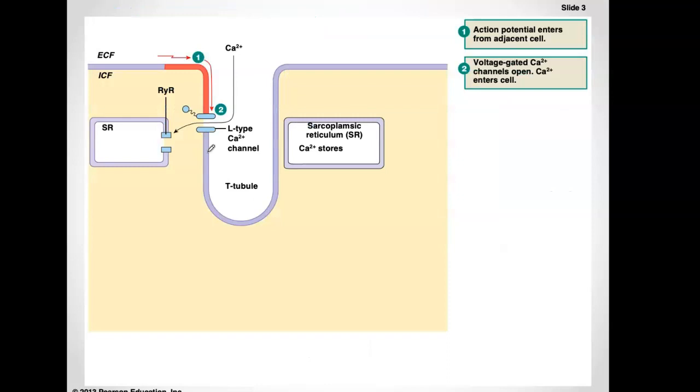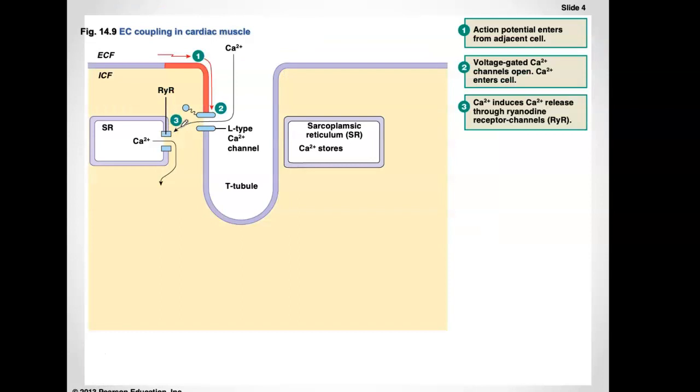Okay, so let me backtrack now. We go to number 2. Number 2 says, voltage-gated calcium channels open and calcium enters the cell. So this is weird. This is different, right? I have this calcium channel, and I have lots of calcium on the outside that is now going to be allowed to enter into the cell. Different from skeletal. And then what's it going to do now that I have this entryway of calcium?